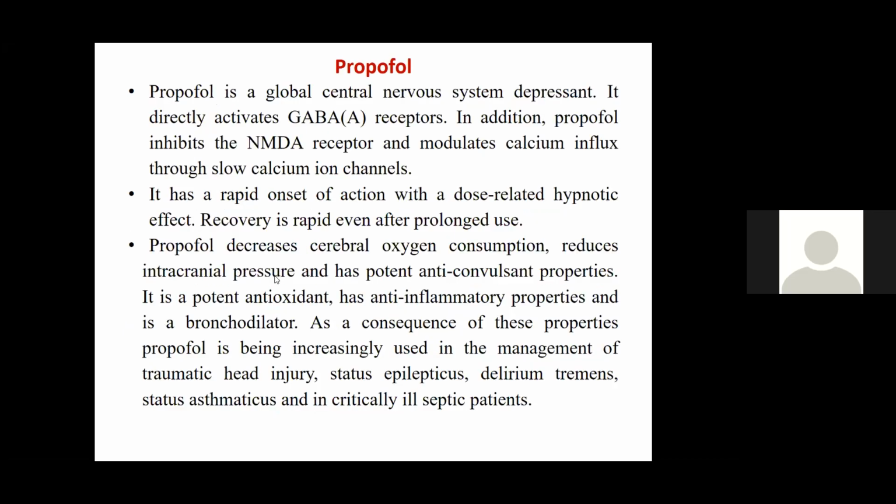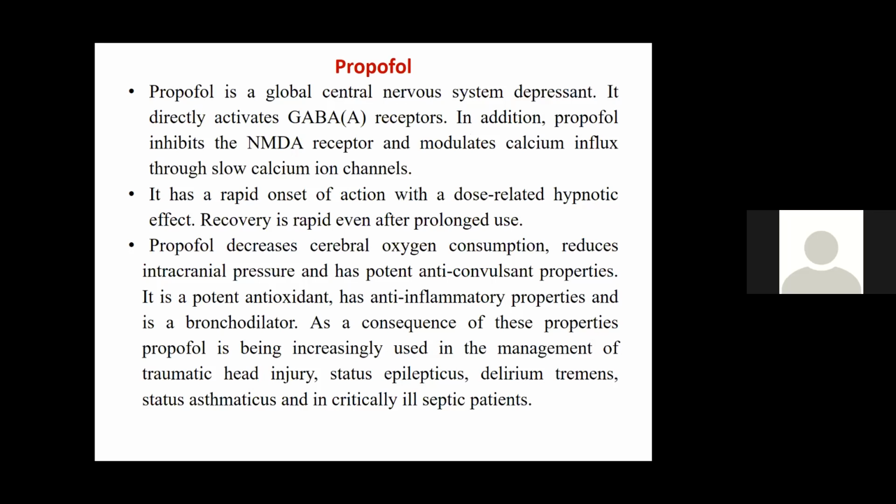With regards to Propofol, now Propofol is basically very much like thiopental. It's a CNS depressant that acts on GABA receptors and also inhibits NMDA receptors, which is basically glutamate and aspartate.